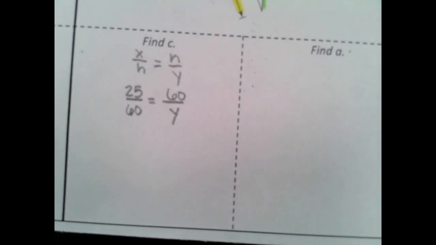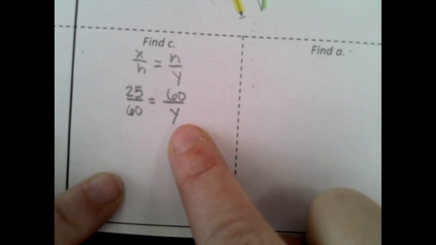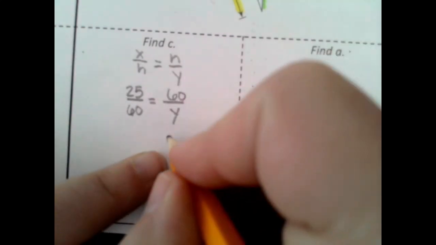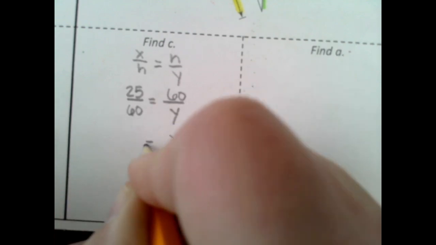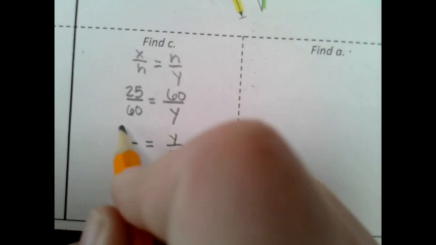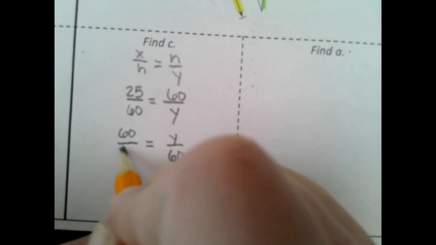We only have one missing part. We're just missing Y. Do I want the Y on the bottom, though? Nope. So I'm going to flip it. Remember how we did this last chapter? We put Y over 60. If I flip one side, we have to flip the other side, 60 over 25.